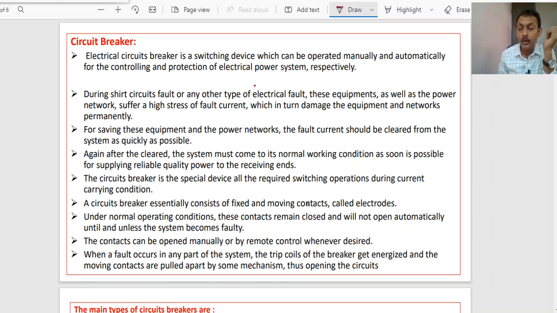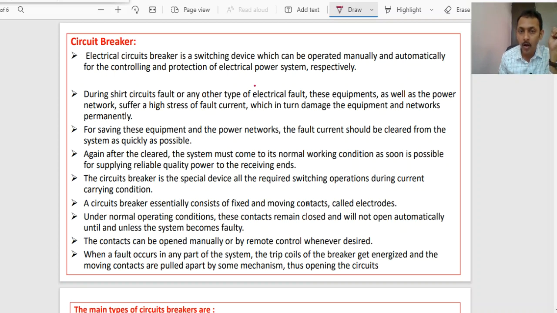Now its role is not only to clear the fault. Once the fault current is cleared, the circuit should be brought back to its normal operating condition as quickly as possible. If you observe, a fuse can only break the circuit.